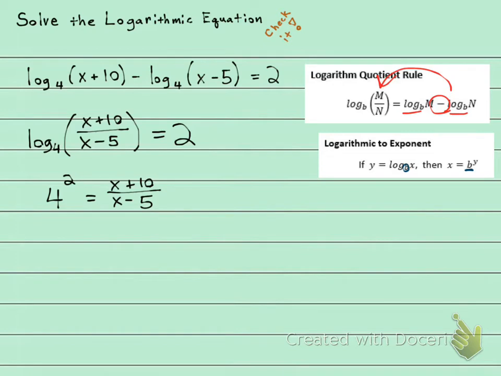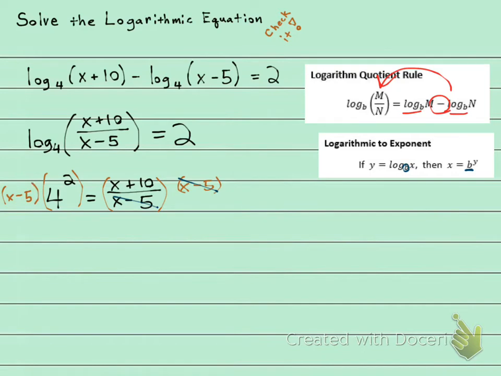Okay, I want to get this x from out of the denominator, and in order to do that, I am going to multiply both sides times x minus 5. That will get the x to cancel on the right-hand side to reduce. Now I have no more x's in the denominator. And on the other side, I'm going to multiply this times x minus 5.